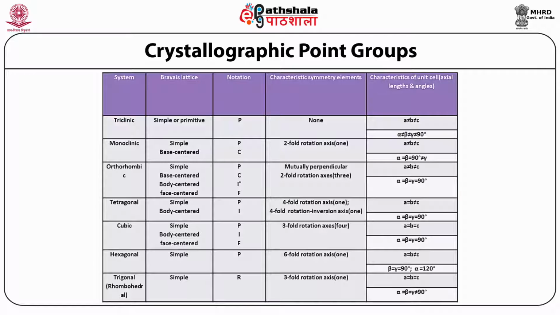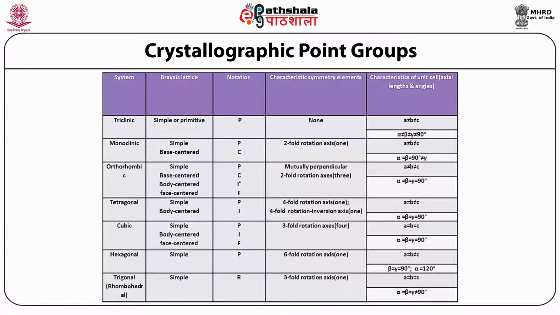Now we have 5 columns. The first column is on systems. The second column refers to Bravais lattice. The third column refers to notation. The next column refers to characteristic symmetry elements. And the last one is the characteristics of unit cell that gives axial lengths and the axial angles.